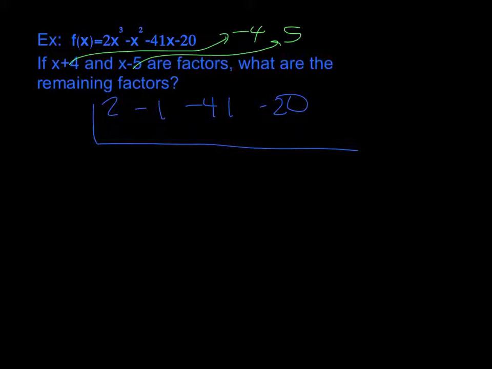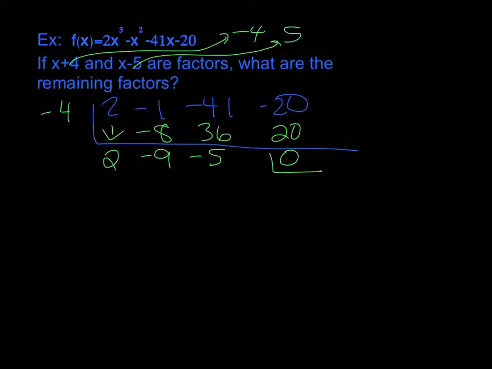In case you're wondering where I got those, there's the 2, here's the negative 1, negative 41, negative 20. I'm not missing any terms, so I don't need to do 0. I'm going to pick either one of these to start with, negative 4. Bring that down to 2, negative 8, negative 9, 36, negative 5, 20, 0. I already know that if I told you these are factors, it should come out to be 0.